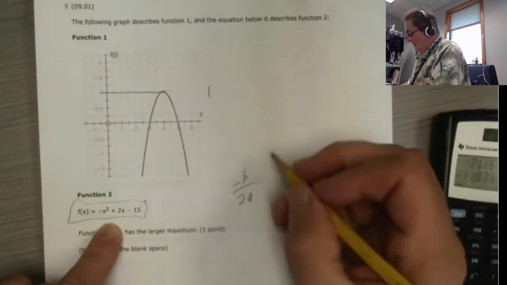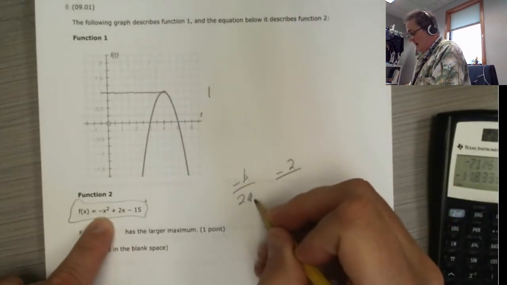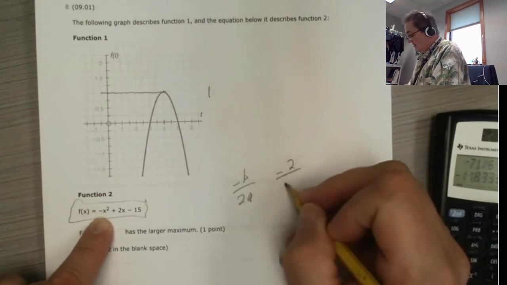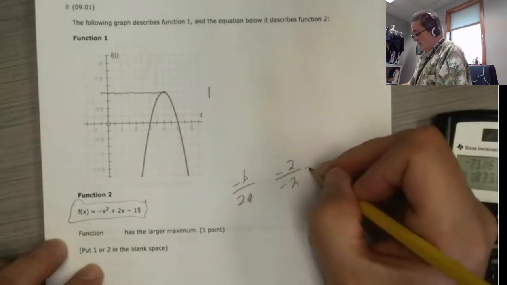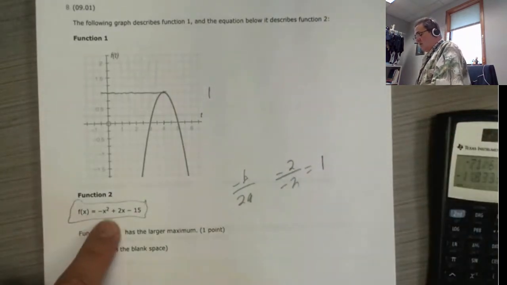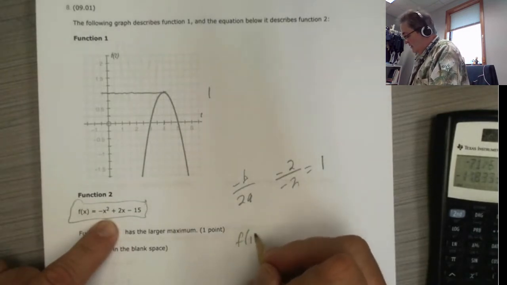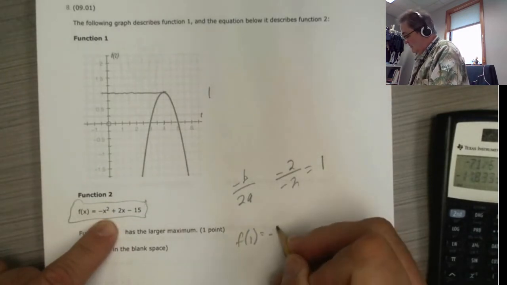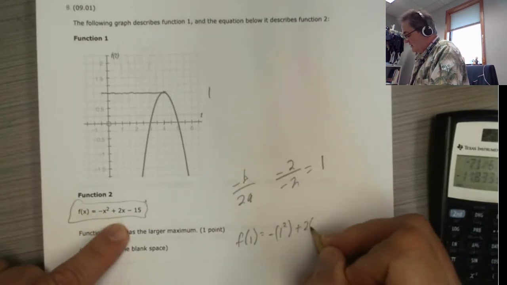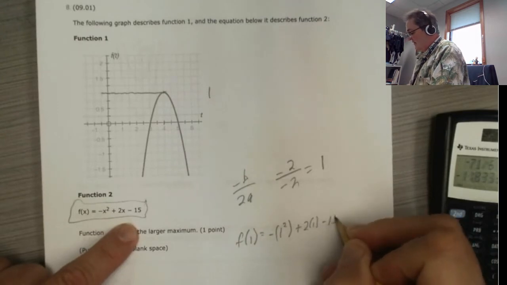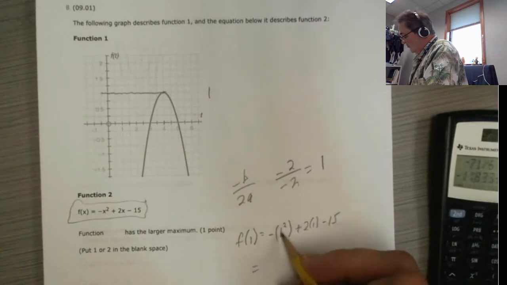Our x would be negative 2 over 2 times a. A is negative 1. So 2 times negative 1 is negative 2. Negative 2 divided by negative 2 is a 1. So when x is 1, this will be at its maximum. So f of 1 equals negative 1 squared plus 2 times 1 minus 15. So that equals negative 1 squared is 1.